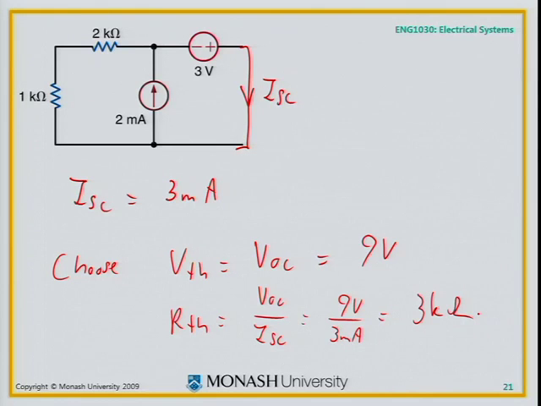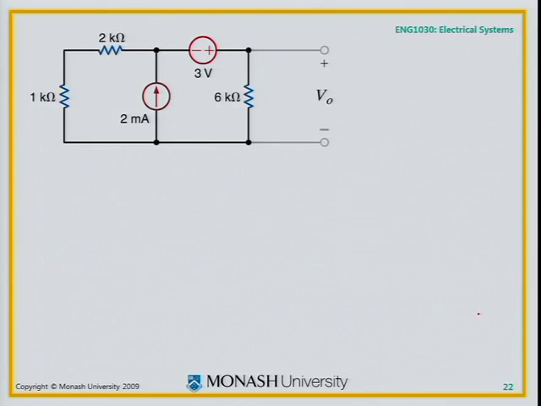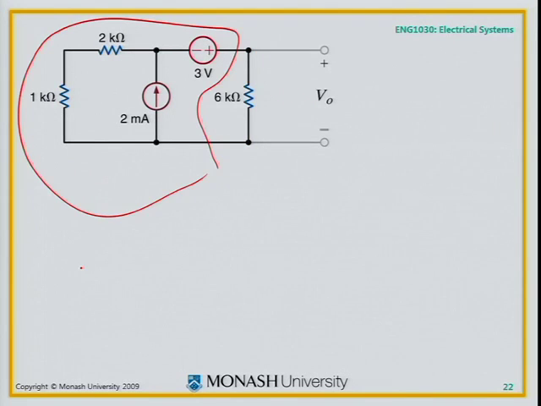VThev and RThev. They're the values you should choose, and the behaviour of that simplified circuit will be exactly the same. It means I can replace all of that by this, plus minus 9 volts, 3 k ohms.